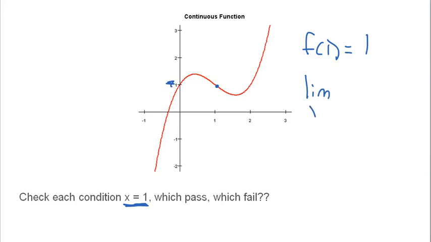Does the limit exist as x approaches 1? Well, yeah. My point is coming together from the left side, from the right side, and it looks like I'm coming together at 1. And the third condition says that those two answers must be equal. So yes, I am successfully continuous. And that would be true for any point on this graph. So this graph is continuous throughout the entire graph.